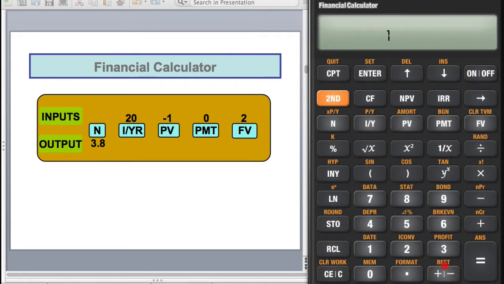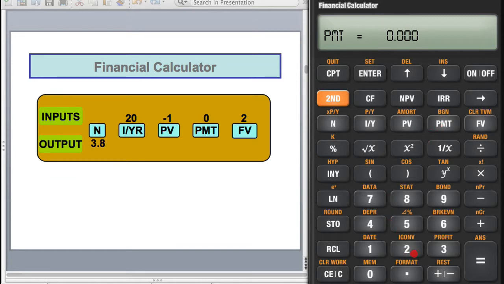So you don't use this minus, you use this plus/minus toggle key here, -1, and that's your present value. Your payment, which is basically a fixed sum of money in equal installments, is 0 in this case because you start with the initial sum of money, and after a certain period we want to see how much it would be. So payment is 0. And future value we know is 2.